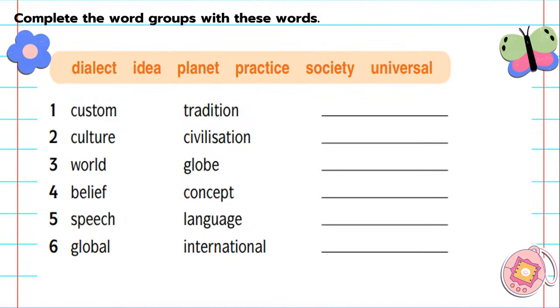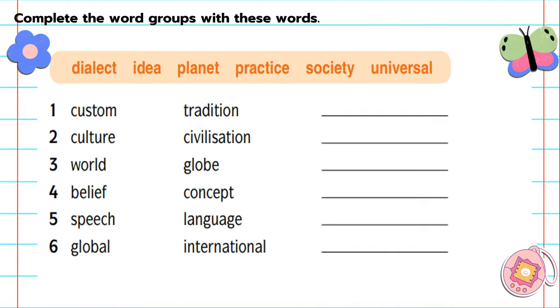Okay, next one is: complete the word groups with these words. You must place the words in the orange box with the groups that have similar meanings or a shared theme.